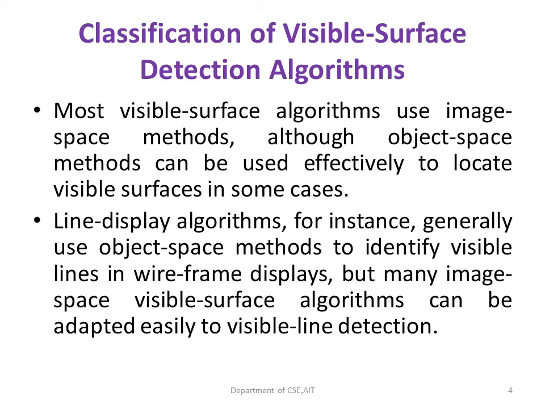So many visible surface algorithms make use of the image space method, and some of them also make use of the object space for detecting the visible surfaces. For example, the line display algorithms make use of the object space method to identify the visible lines in the wireframe display.